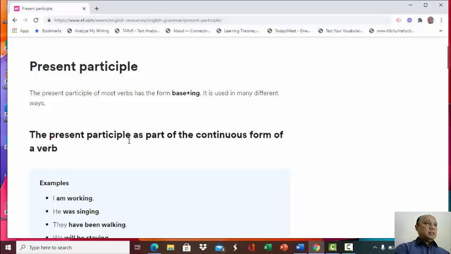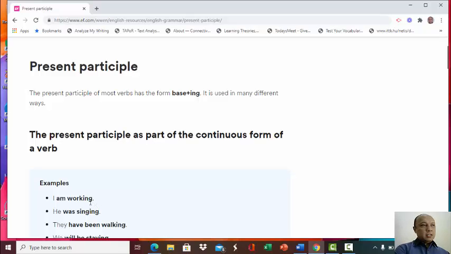First one is the present participle as part of the continuous form of a verb. So this applies when you use present progressive tense or present continuous tense or past progressive tense. So for example, I am working. He was singing. See, this is present progressive tense, right?